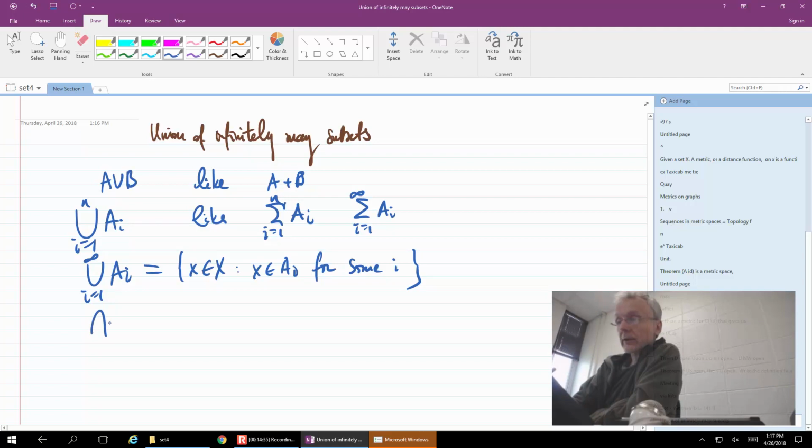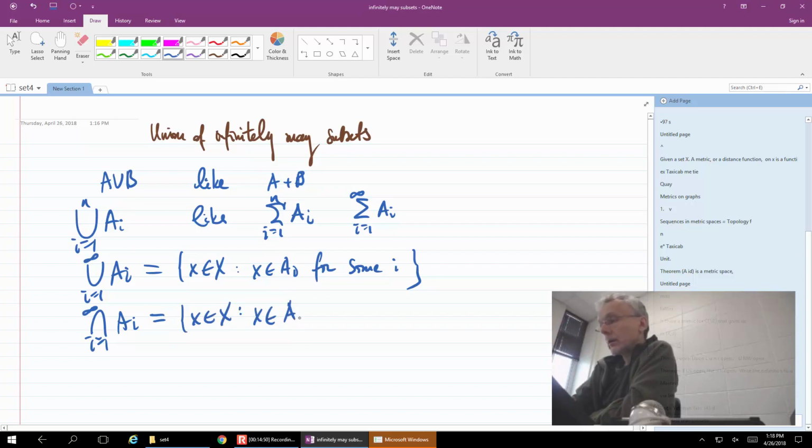Similarly, you have intersection once again, so you draw a big intersection, with a sub i from 1 to infinity also possible. It's just one big upside down U. So x belongs to a_i, what? Wouldn't it just be for some i from 1 to infinity? No, I already have that.